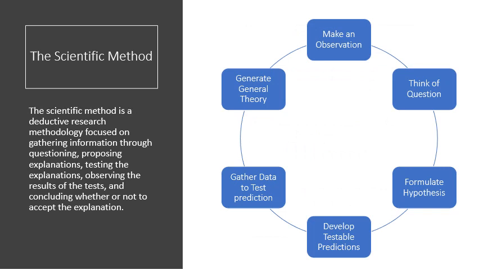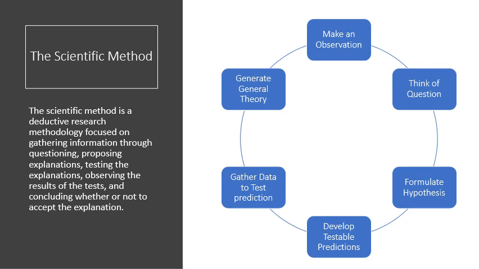To arrive at a scientific theory, you're going to use the scientific method. And the scientific method is sort of this iterative process. It's a cycle. It starts off with finding a question, proposing an explanation, then you test it. I keep saying that. Science is testable. After you've tested, you observe the results of the tests.